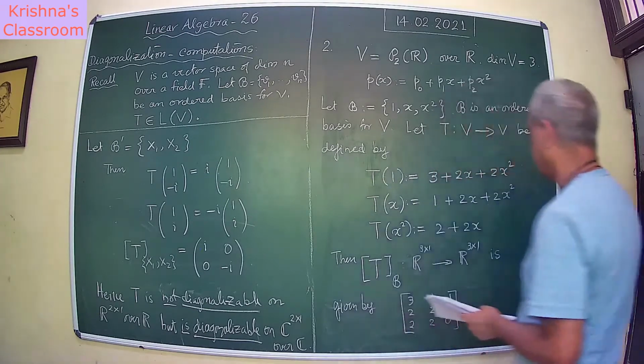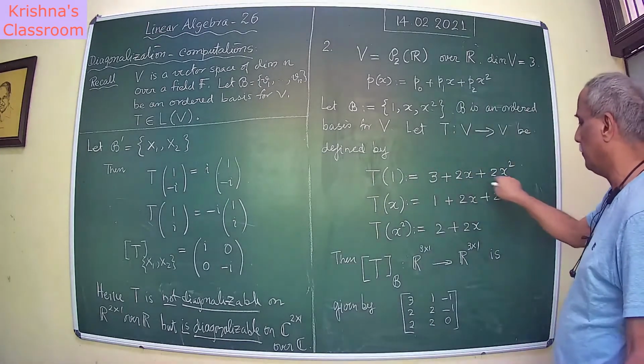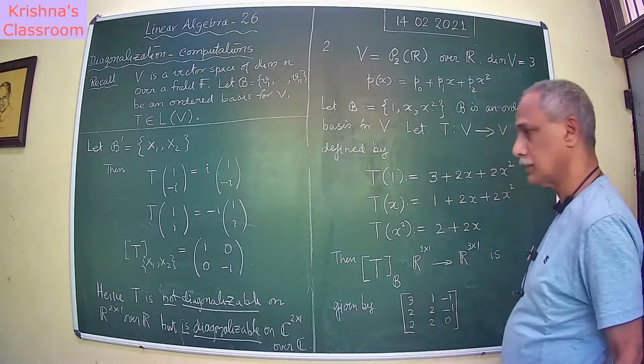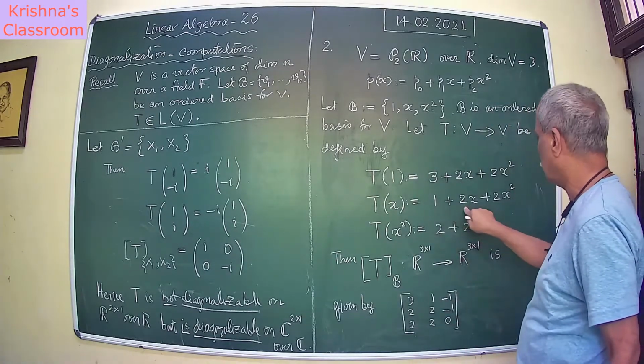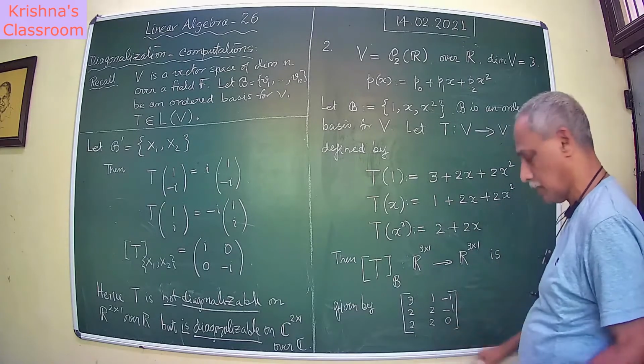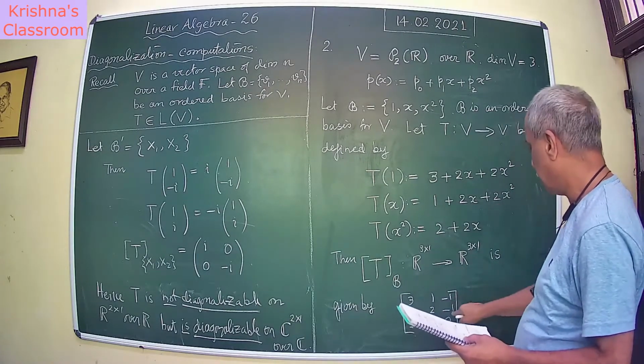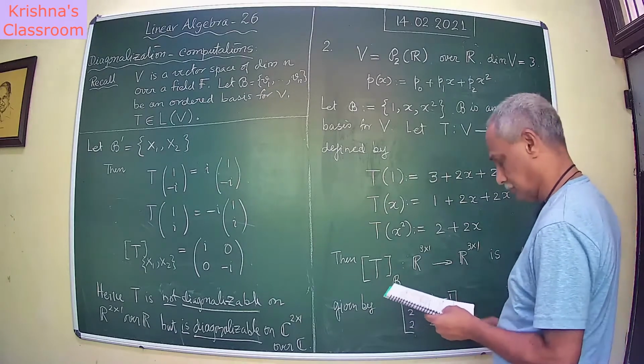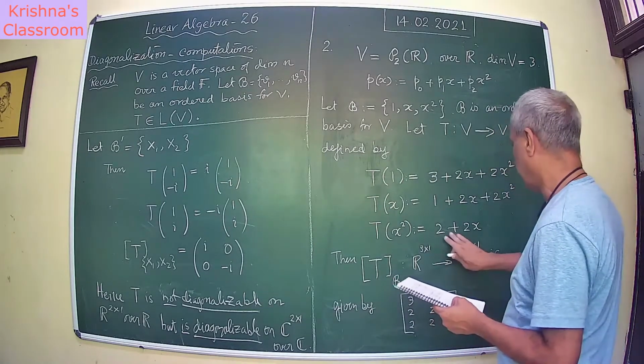So what I am doing is writing down the coefficients 3, 2, 2 as the first column, 1, 2, 2 as the second column, and minus 1, 0 as the third column. Oh, I'm sorry, I think here I have.